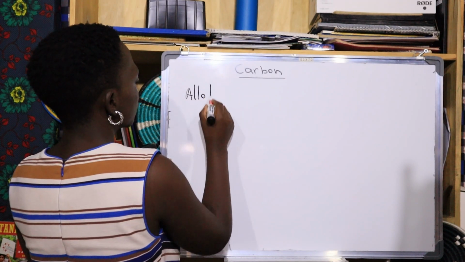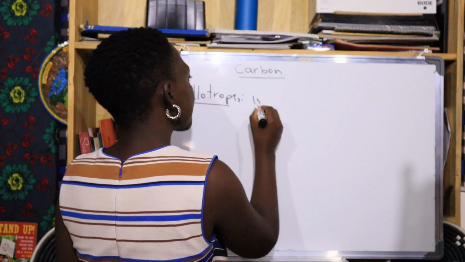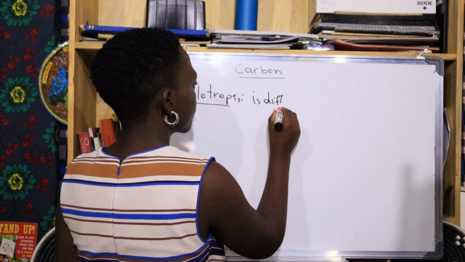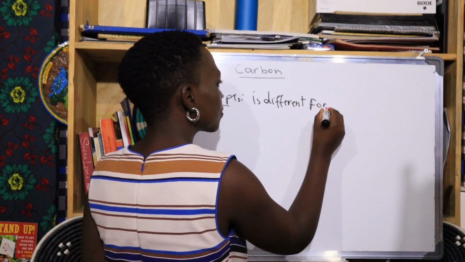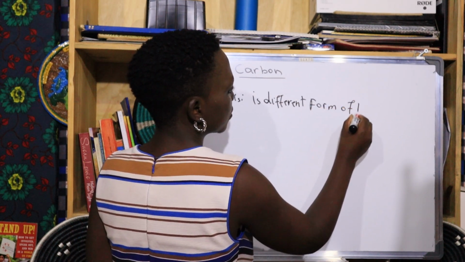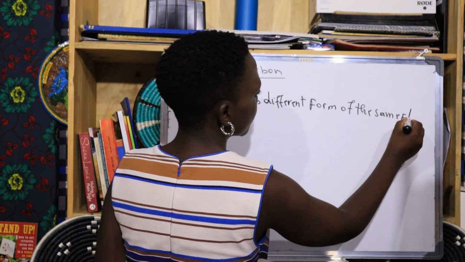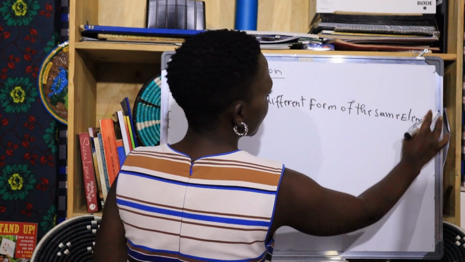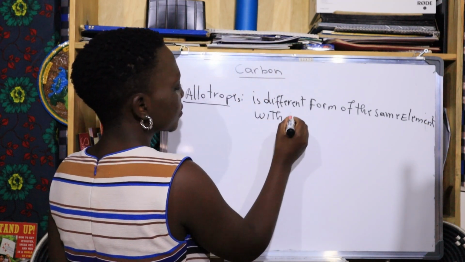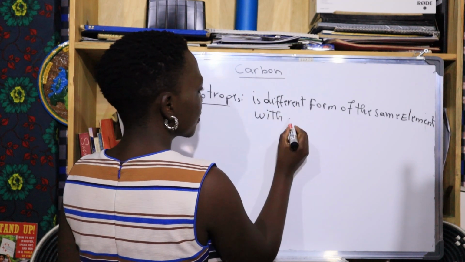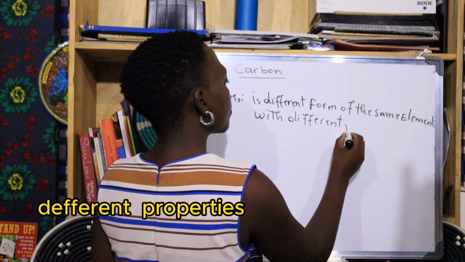Allotropes is a different form of the same element with different property.